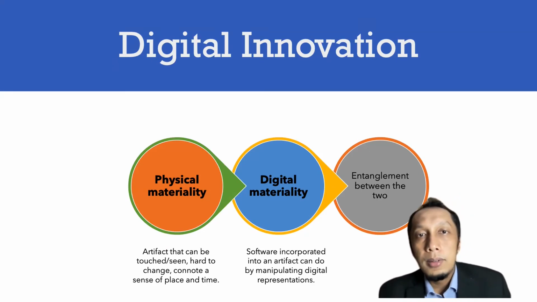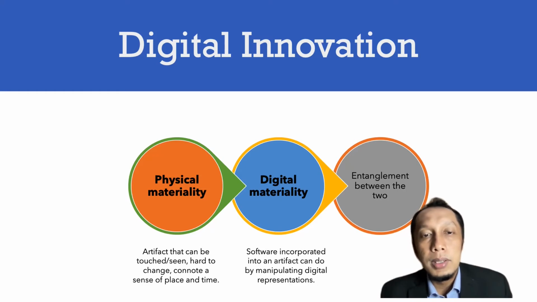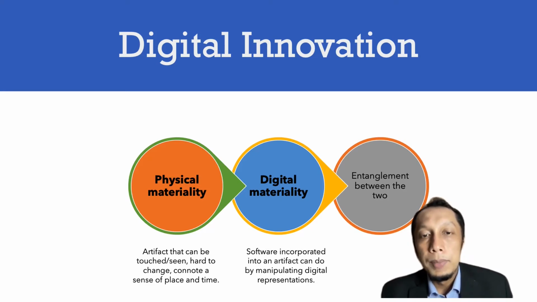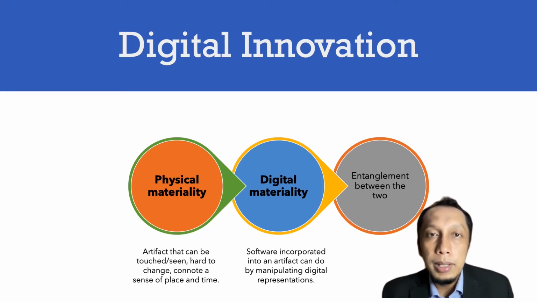On the other hand, we also have to deal with digital materiality. It means that we have to deal with software that is incorporated into the physical artifact. Because of this, we can manipulate our digital representations. And the entanglement between physical and digital materiality can be very complex and difficult to anticipate.